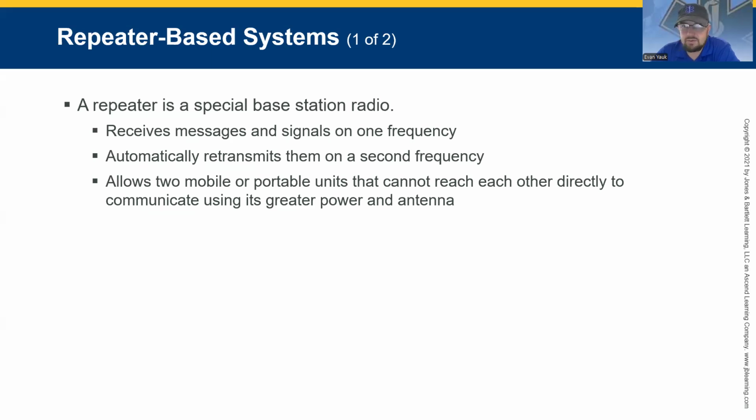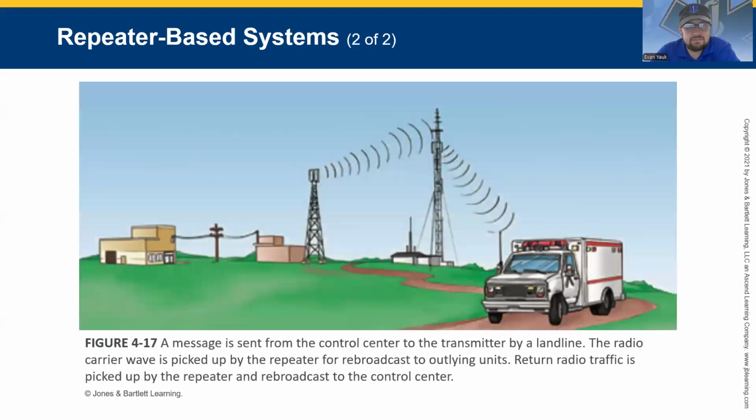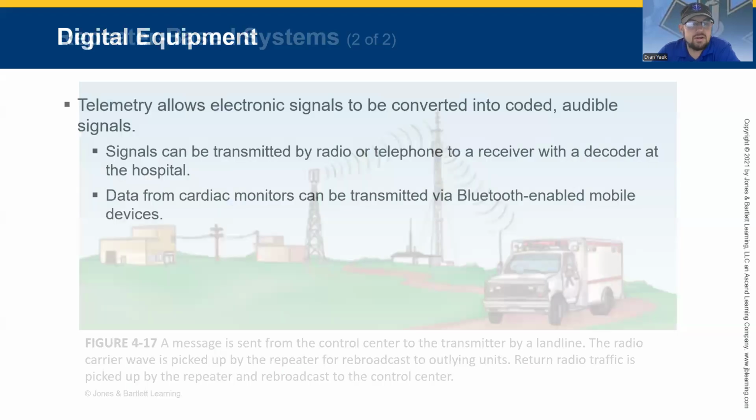That's really confusing. I get it. The repeater, though, just remember, it takes it in, puts it on a different frequency, and sends it back out. It's repeating it after it changes frequencies. So there you go. Hits one tower, changes frequencies on a second tower, and then it can relay to us.